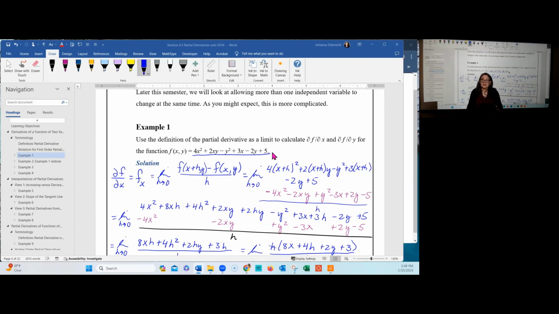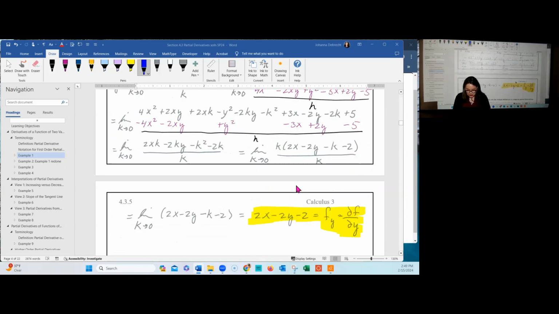So what I'm saying is that at the point 1, 1, 11, there is a tangent line that is parallel to the y-axis, and the slope of that tangent line is -2.